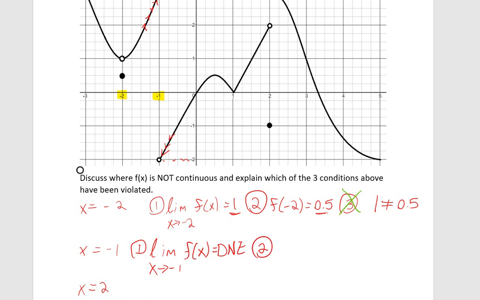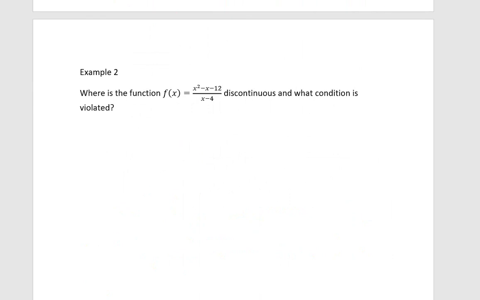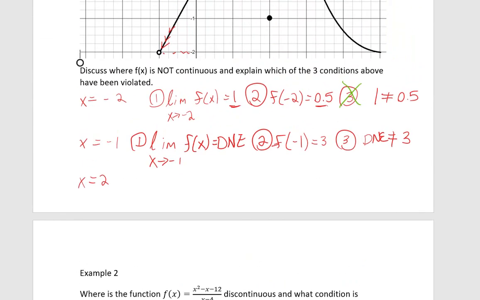The second condition is that my function has to be defined at -1. Since I do have a filled-in circle at -1, that's fine. Condition 3 is going to fail because my limit doesn't exist, so of course it can't equal my function definition. Here is a little in-the-know fact: if you fail condition 1 or 2, you will automatically fail condition 3.